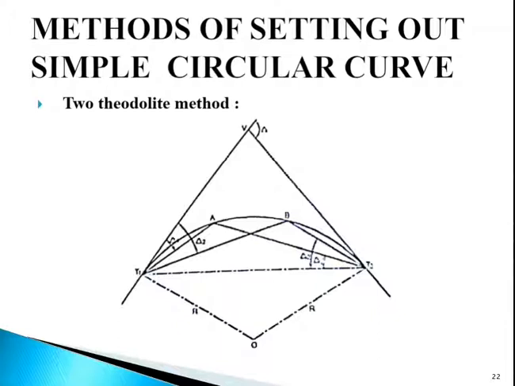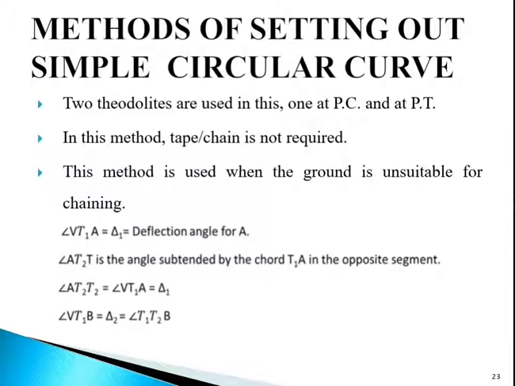Two theodolites are used in this method, one at PC, or point of curvature, and one at PT, or point of tangency. In this method, tape or chain is not required. This method is used when the ground is unsuitable for chaining.